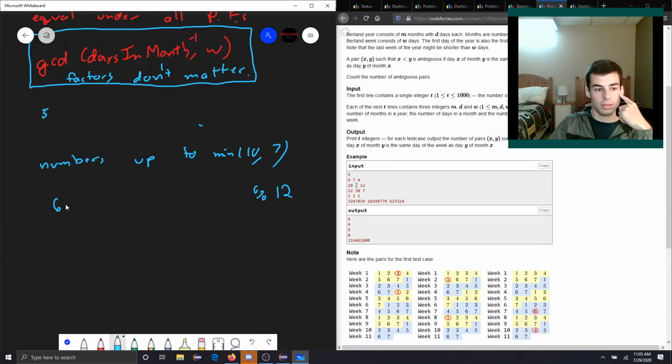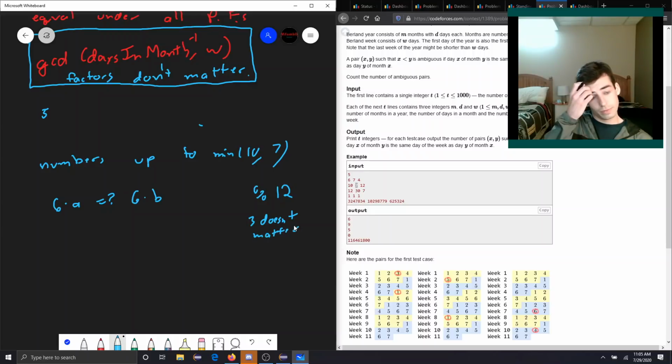So 6 times A, when does this equal 6 times B modulo 12? So the 3 doesn't matter. So really, when does 2 times A equal 2 times B modulo 4?